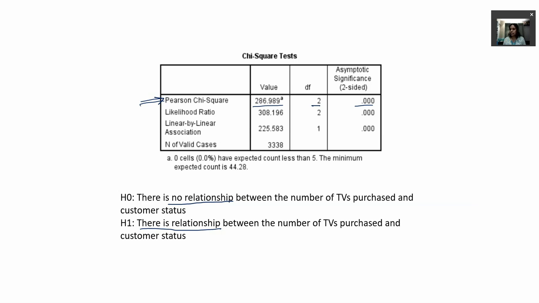Now once we have written this null and the alternate hypothesis, how do we say whether the relationship is significant or not? That is where your asymptotic significance, which you can also call the p-value, comes into the picture.